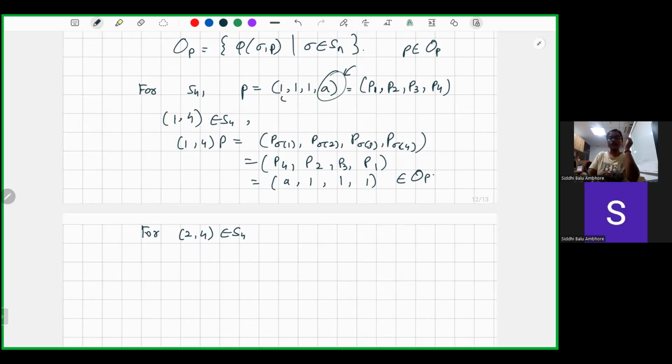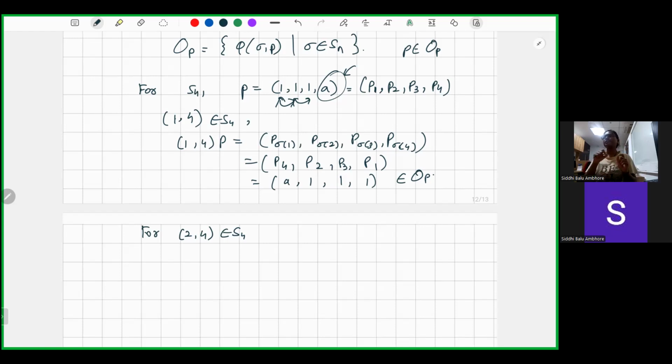So commuting among each other will not give me any different element here. I just have to check what are the possibilities of this A moving in this P. So look at it as permutation among this tuple here, and that's how S4 is acting. S4 is my permutation group anyway.